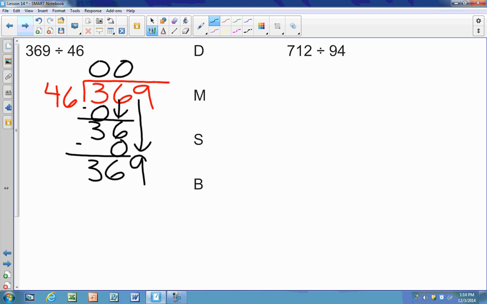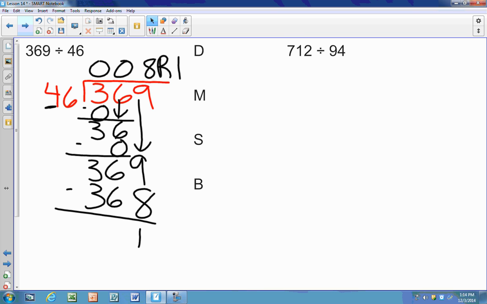I know if I did 4 times 9, that would give me 36, but I have more numbers over here. So I'm really going to say, maybe let's try 4 times 8 and see what happens. If I did 4 times 8, I would get 32, plus 4 is 36. That seems to work. And there's my remainder.